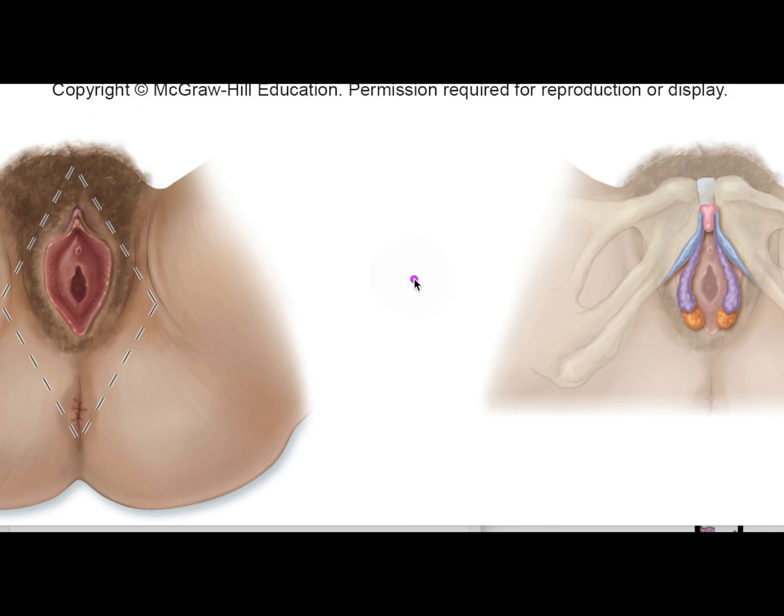And then we have the vestibule. And the vestibule is basically just the entrance into the vaginal canal and the urethral orifice. So we have the external urethral orifice and then the vaginal orifice. So again, the vestibule, just like we've learned a couple of other vestibules, it's just an opening or an entrance.